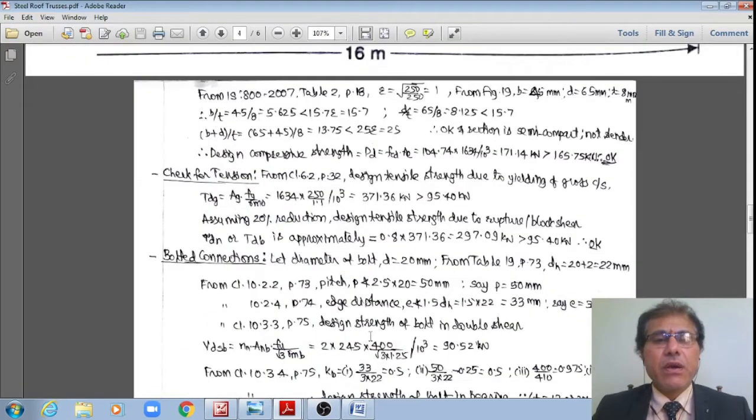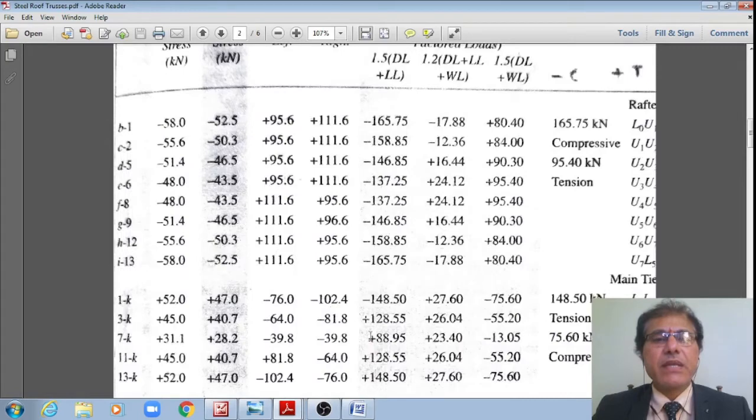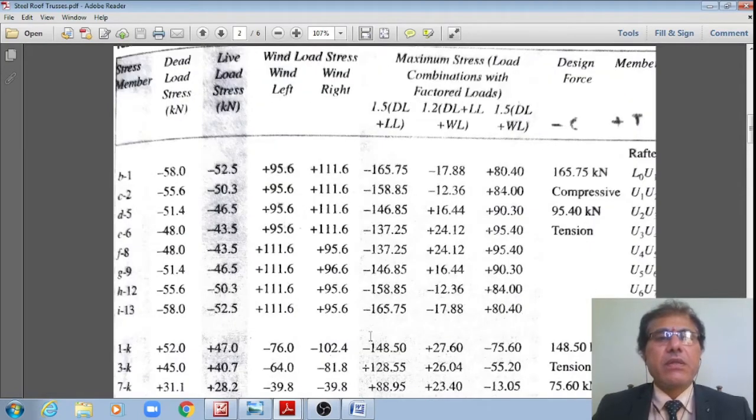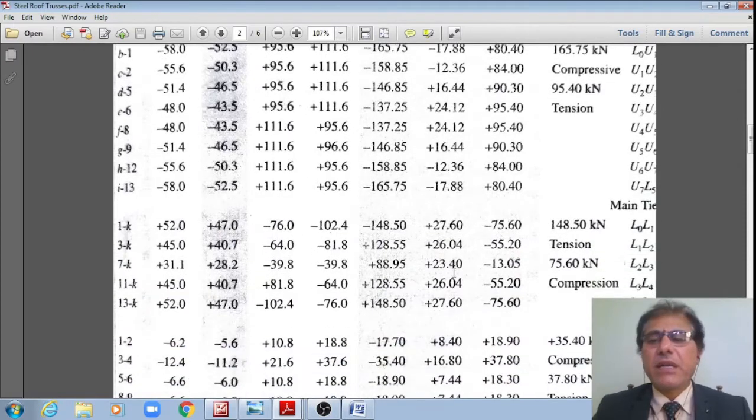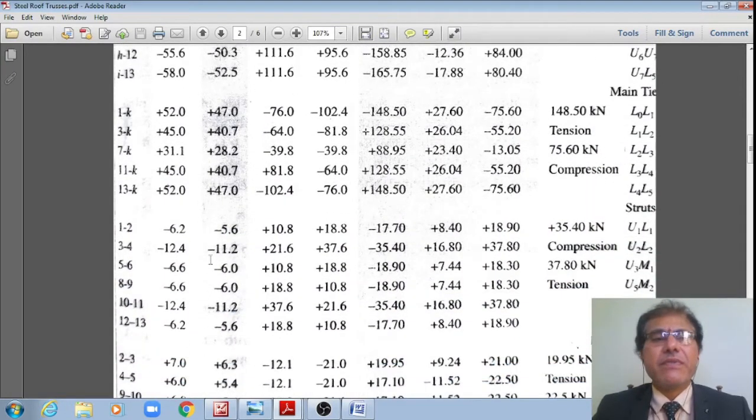Therefore, now I wish to design the struts. This is the analysis we have done in the previous class. These are the struts, wherein these are U1, L1, U2, L2, so on and so forth, U7, L4, wherein the compression forces are represented by minus.